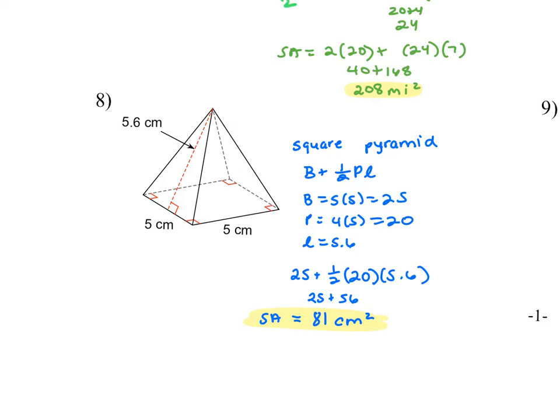So 5 times 5 is 25. And then you'll do the lateral areas. And you would do the perimeter times the slant height. Perimeter, 5 times 4 is 20. Multiply it by your slant height, and then take half of that. So the surface area of the pyramid is 81 centimeters squared. Number 9.